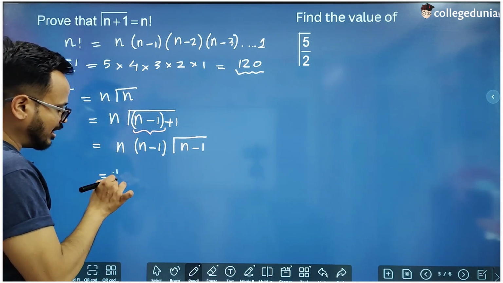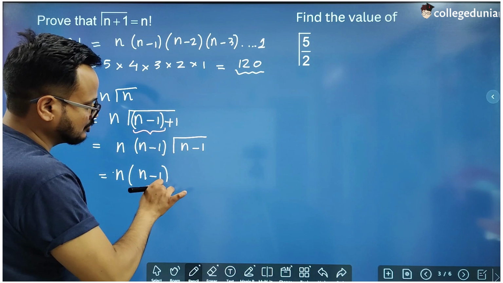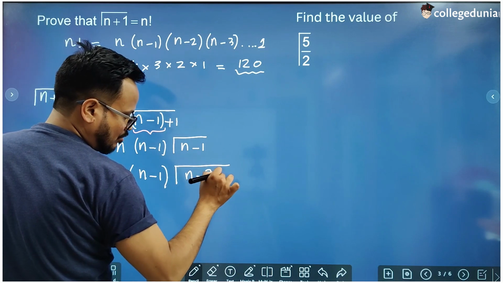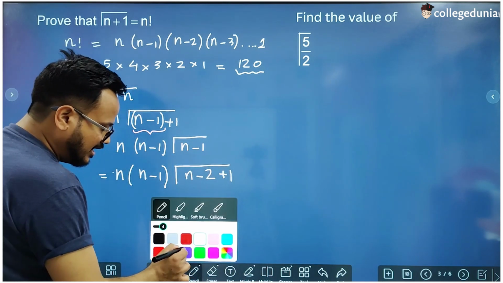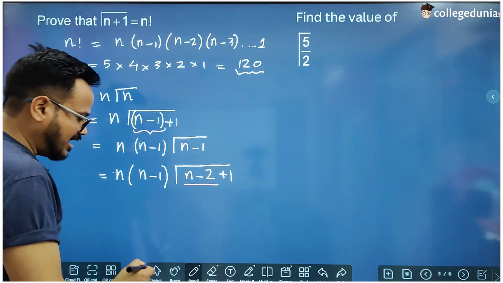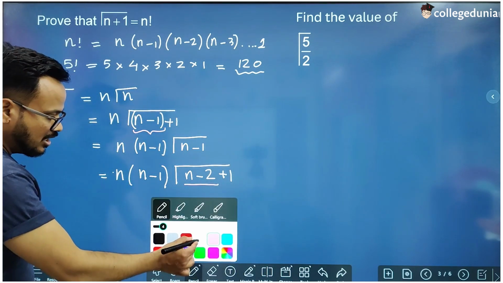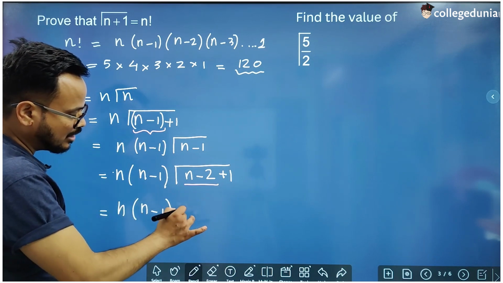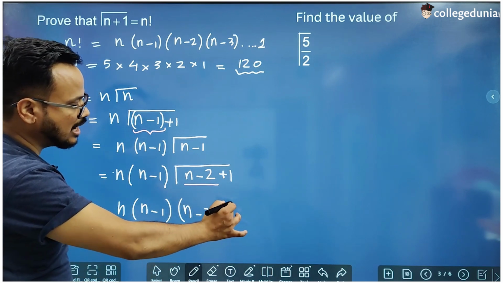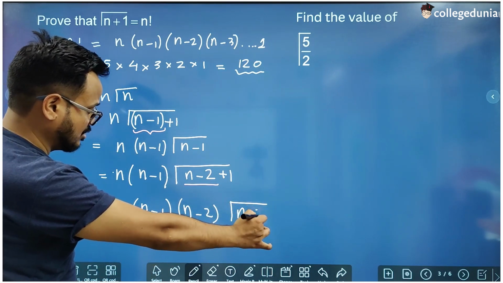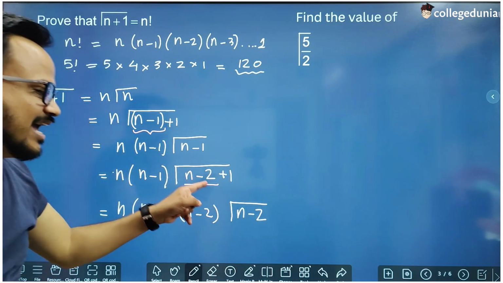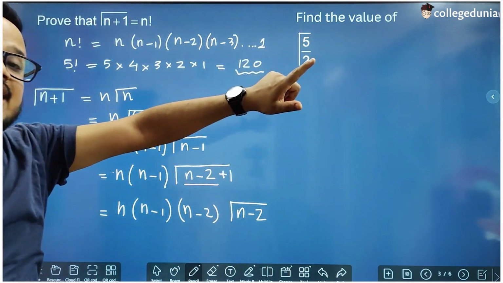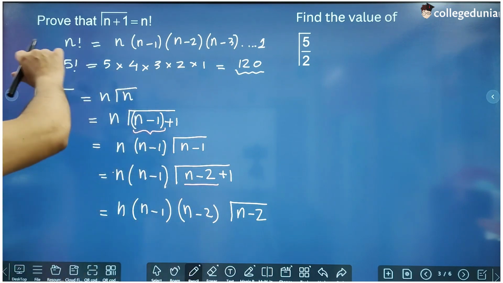So now if you write this n minus 1 as n minus 2 plus 1 and again take this whole as n and again use this property, we can write it as n into n minus 1 into n minus 2 gamma n minus 2. Now we will write this n minus 2 as n minus 3 plus 1 and again that n minus 3 is n and we will again use this property.